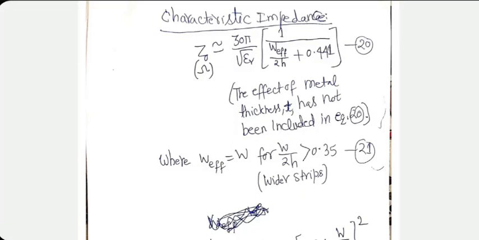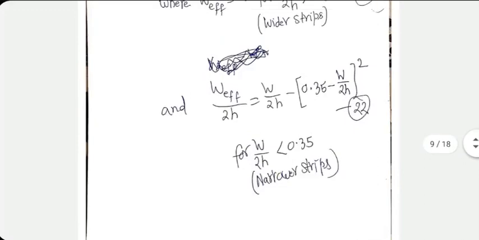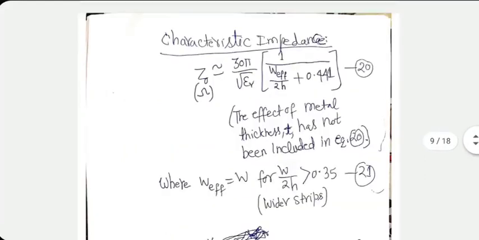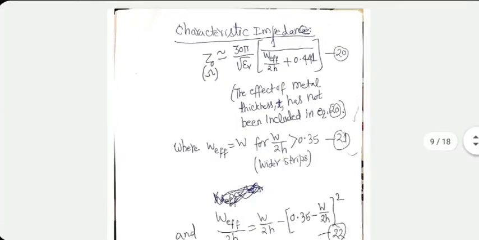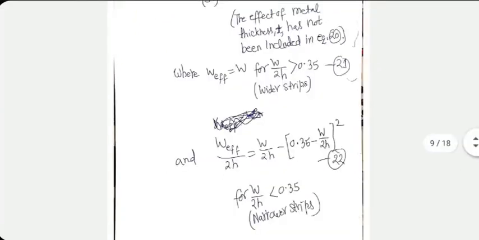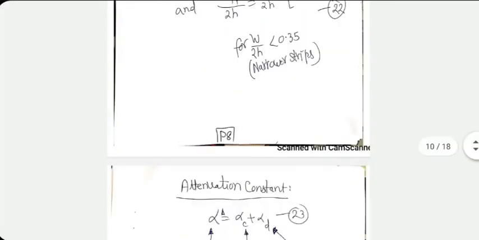So for wider strips, W effective is same as W. But for narrower strips, he recommended after a lot of research that W effective should be calculated by using equation 22. Some correction is necessary if you want to use equation for Z0 meaningfully. So depending on whether your W is narrow or wide, you'll have to calculate W effective first and then apply equation 20 to calculate Z0.